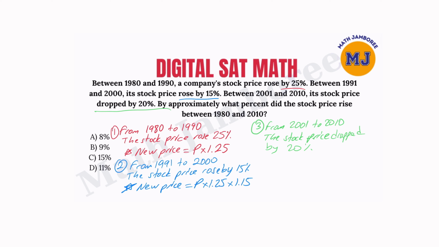What does that mean? So the new price is equal to P times 1.25 times 1.15. These come from the previous steps, and that will be multiplied by 0.80, because a 20% decrease means you will take away 0.20 from one whole, and you'll get 0.80.